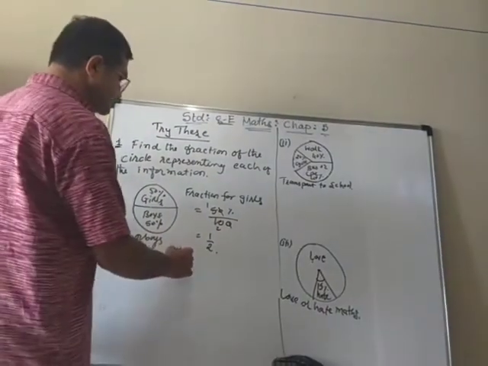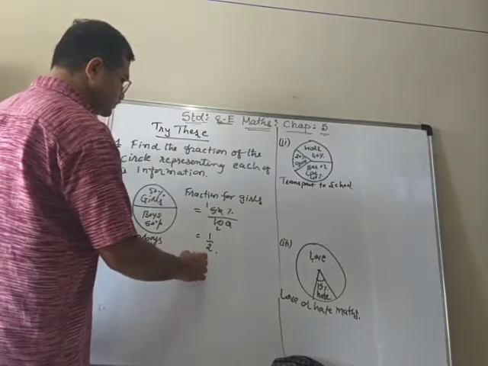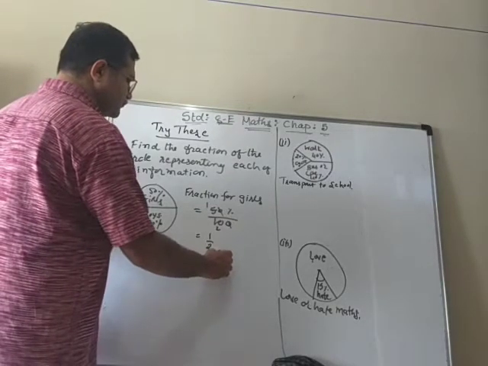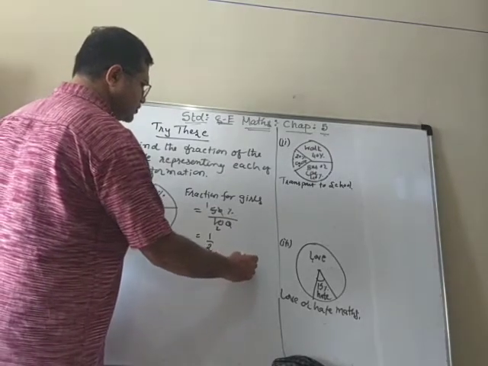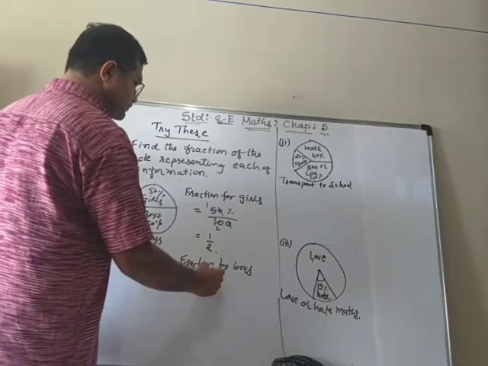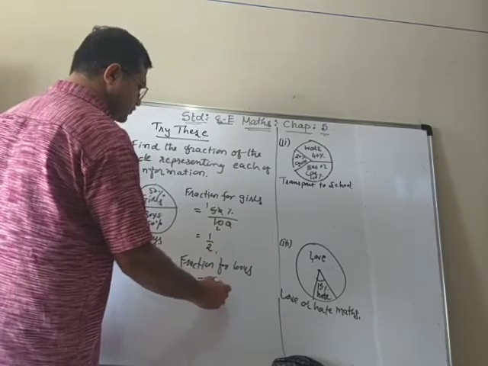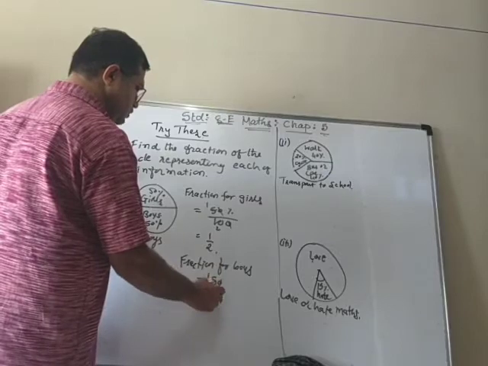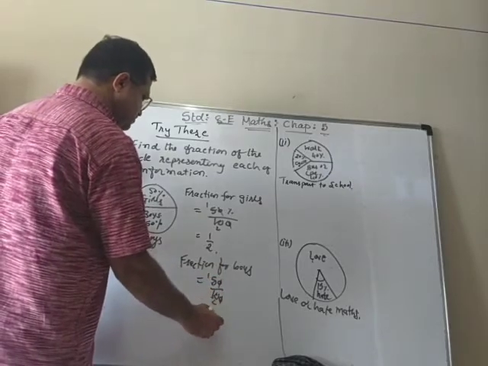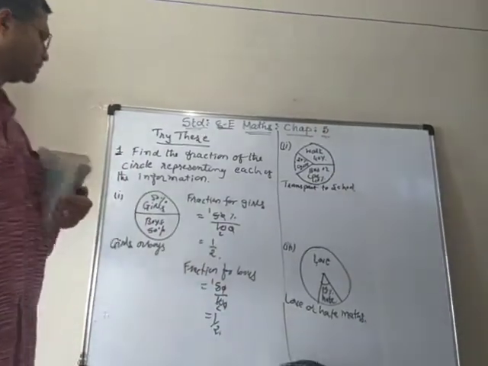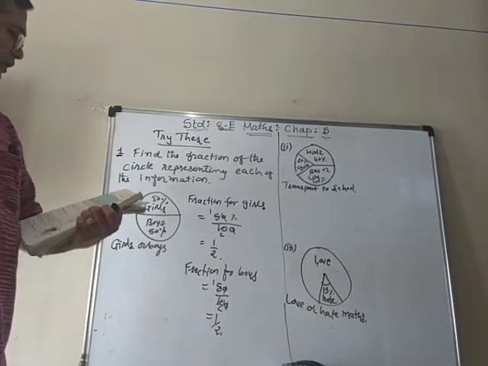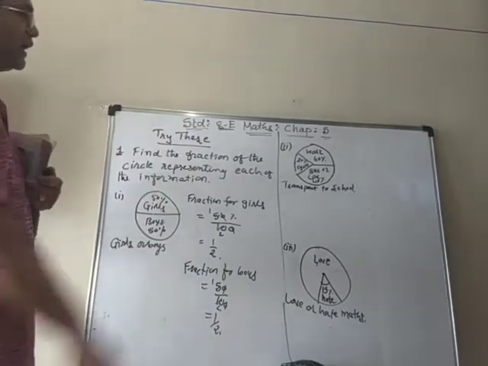Similarly, the fraction for boys will also be the same, because 50% are boys also. So the fractions for both girls and boys are 1 upon 2. Now transportation.